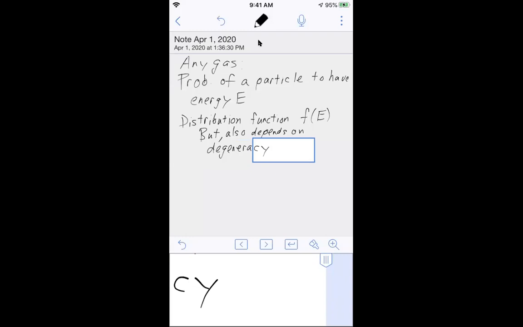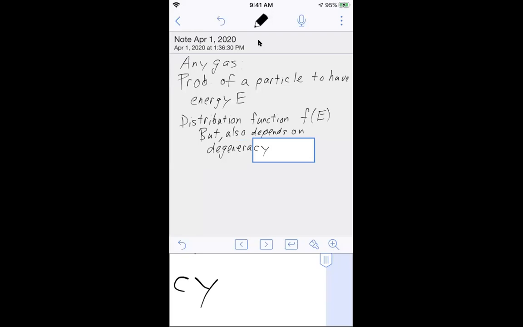But if I give it a lot of kinetic energy, just think of a ball having a lot of kinetic energy, it could have it by moving entirely in the z direction, or entirely in the x direction, or entirely in the y direction, or it can share some of that energy, partially in the x and partially in the y. You have to take into account all the possible ways to have that given energy.